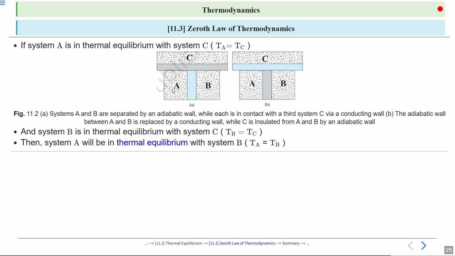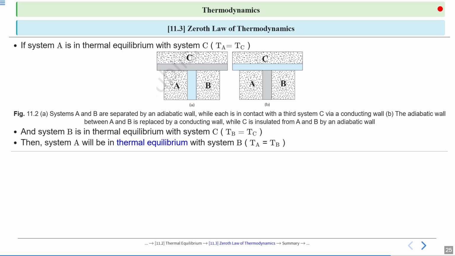Here, suppose we have system A, system B, and system C. Listen carefully: system A and system C are in thermal equilibrium. Similarly, system B and system C are in thermal equilibrium. Then system A and system B will be in thermal equilibrium.